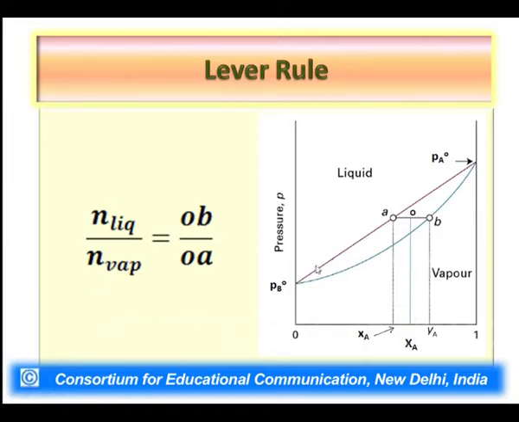And if you remember, this purple curve is called the liquidus curve, and it relates the total vapor pressure of the system at any point with the composition of the system in the liquid phase. It means the system is only in the liquid phase, and only the first bubble or first trace of vapor gets formed.